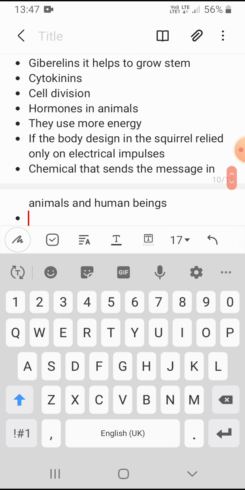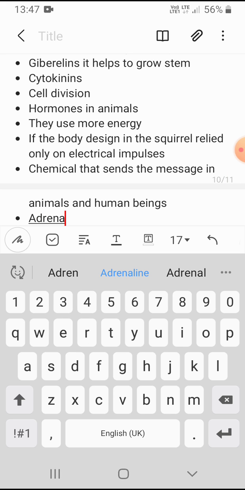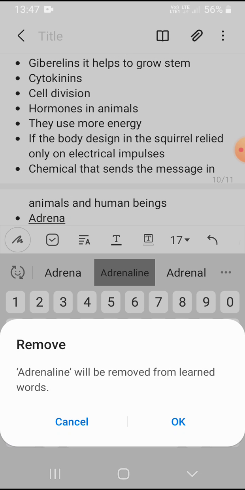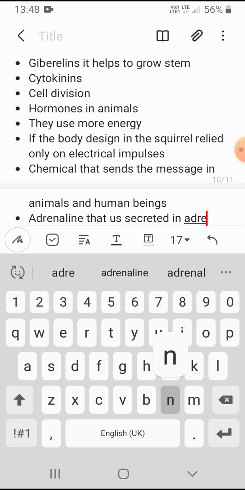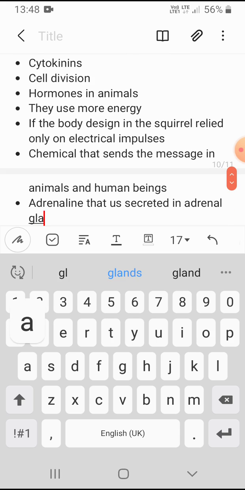That chemical is called adrenaline. That is secreted in the adrenal glands.